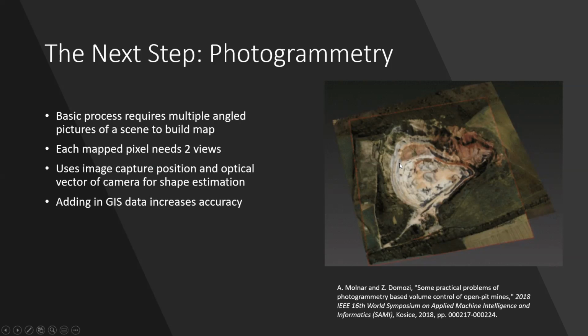As you can see, this is an open pit mine, and they've built this 3D map. And in theory, as they build more of these over time, you could actually see how the land changes. And it's a fairly simple and cost-effective solution because you don't have to hire a plane to come out and do it. You just have to put an aircraft in the air, make it run autonomously for a few minutes to capture all these pictures, and then run the software to build this map.